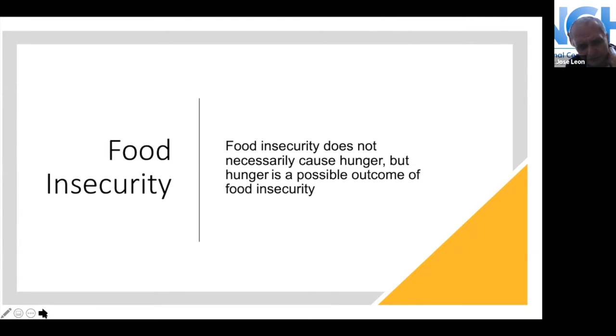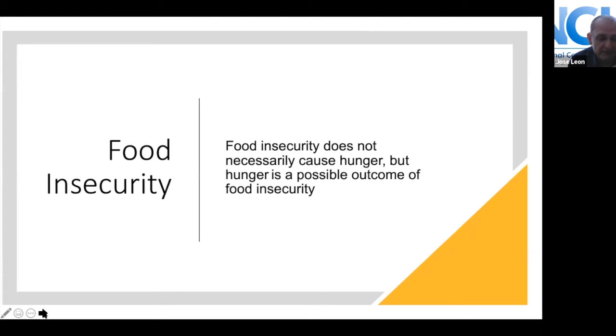Now, when we discuss food insecurity, sometimes people believe that all those with food insecurity have other issues, like malnutrition. But according to reports from federal agencies, food insecurity doesn't necessarily cause hunger, but hunger is a possible outcome of food insecurity. This is extremely important to know, because we are not talking about a patient having malnutrition because of lack of food or because the patient is not eating well.